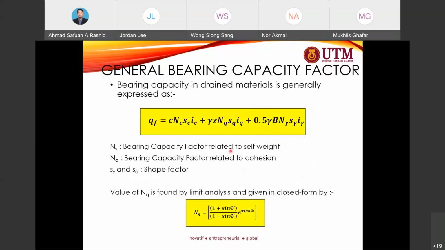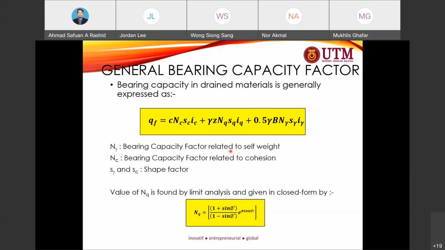So bearing capacity in drained condition. We still use the same equation based on the Meyerhof. However, the difference between the Eurocode and the British standard, or from the Meyerhof, is that it doesn't include the depth factor.